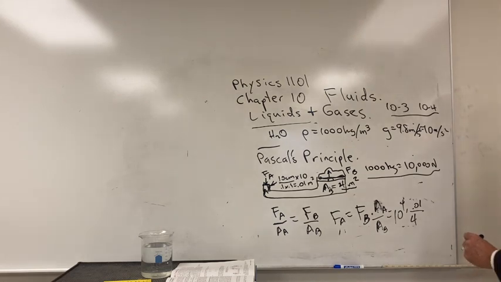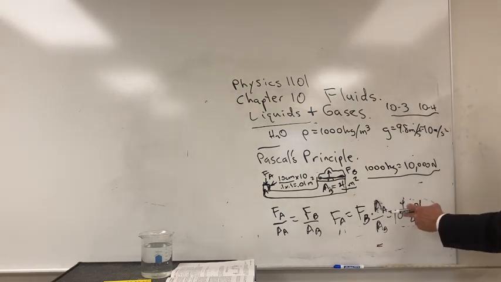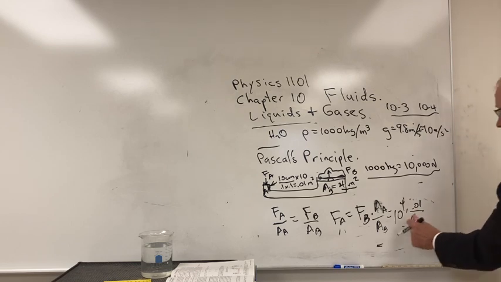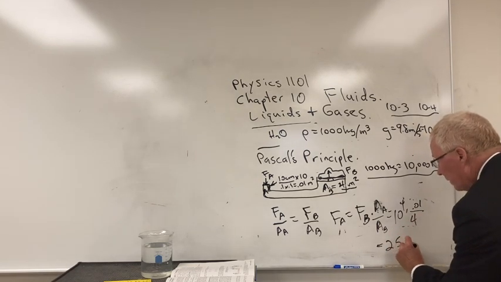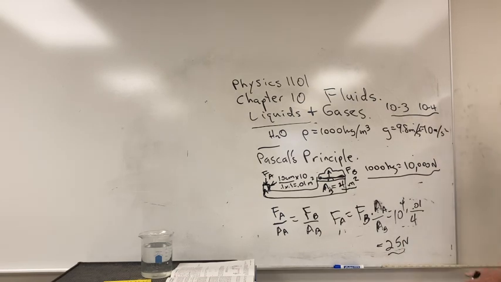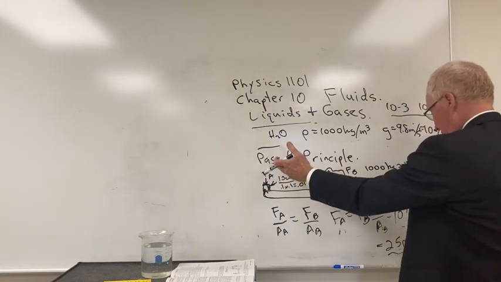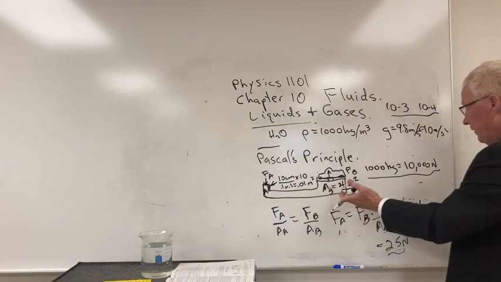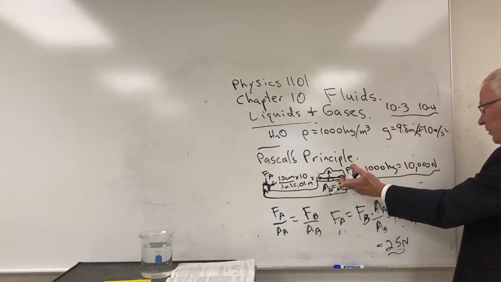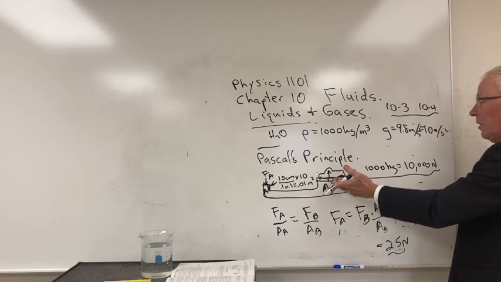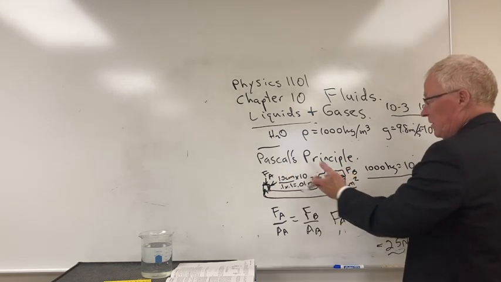That would be, let's see, 10 to the 2nd, or 100 over 4. That would be 25 newtons. So about 2.5 kilograms. So a force of 25 newtons can lift a 1,000 kilogram or 10,000 newton car by this hydraulic means.